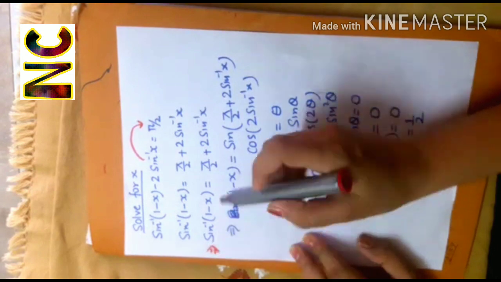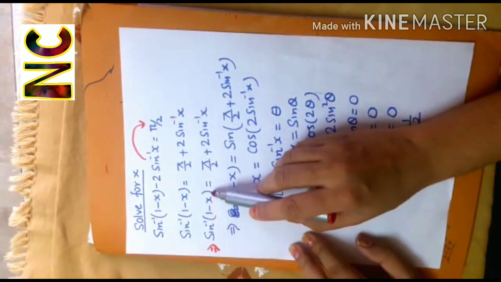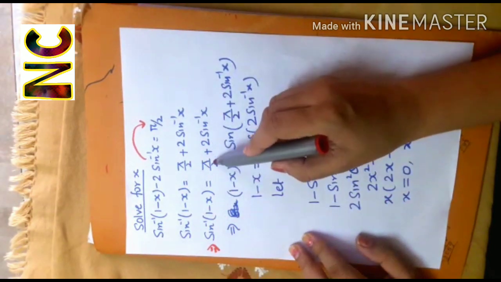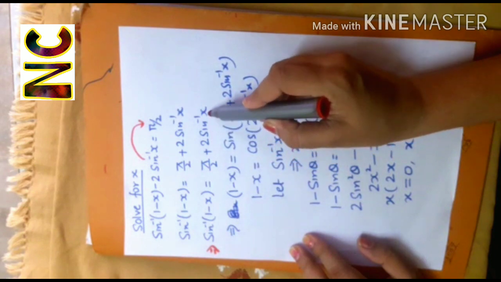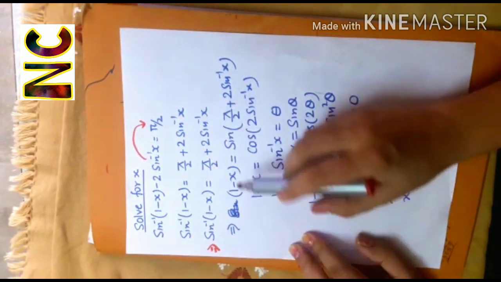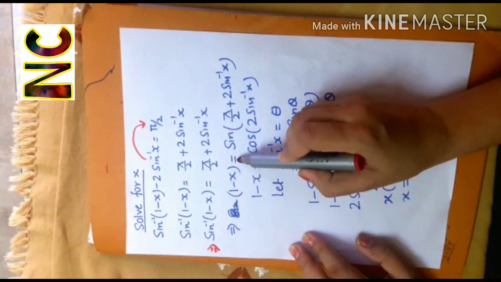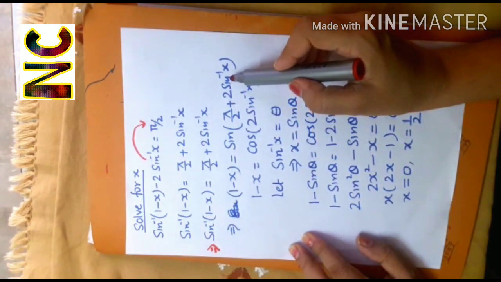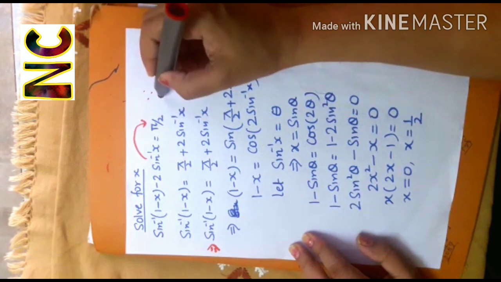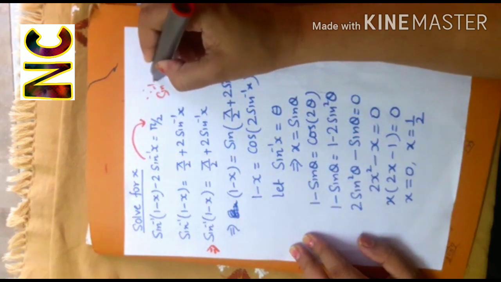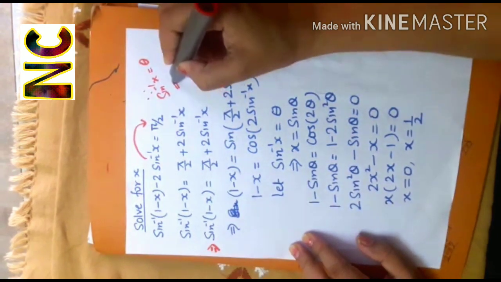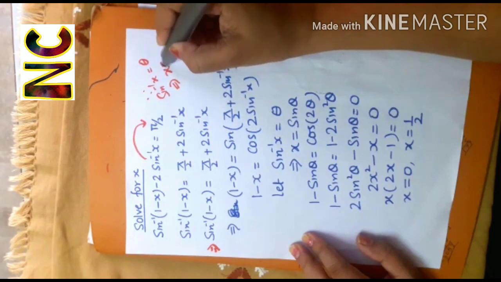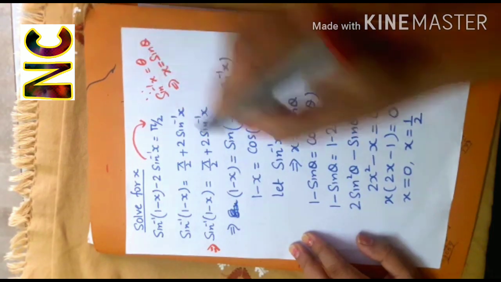Now this would imply sine inverse (1 minus x) is equal to pi by 2 plus 2 sine inverse x, which means that 1 minus x is equal to sine of (pi by 2 plus 2 sine inverse x), because sine inverse x equals theta implies x is equal to sine theta.